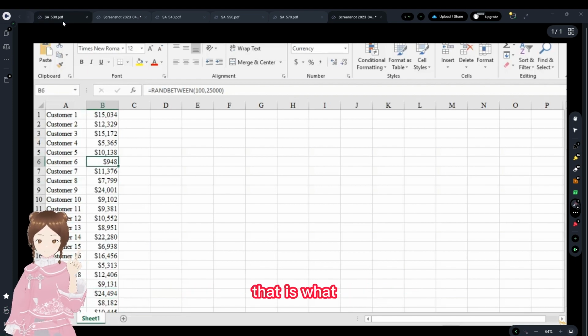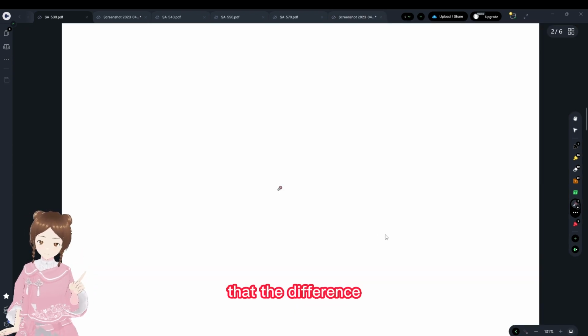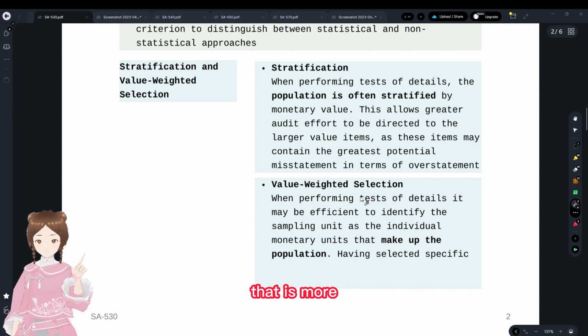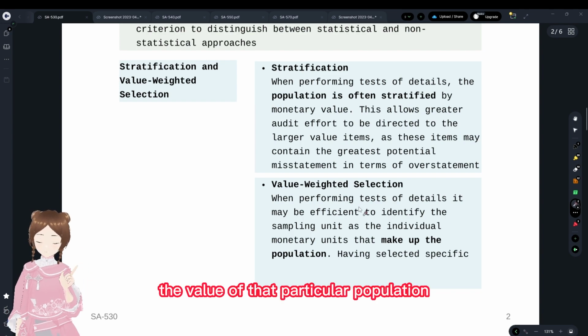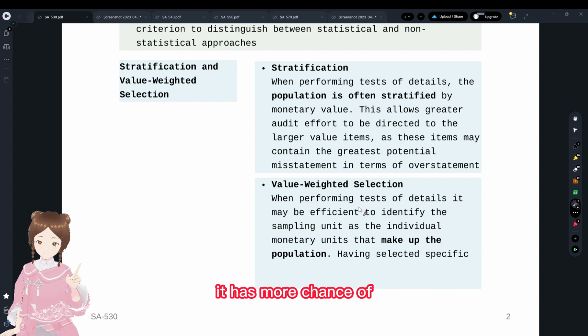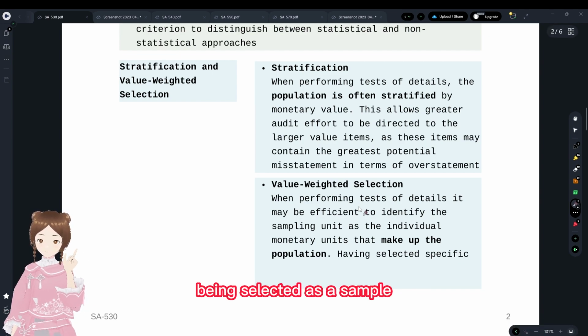That is the only difference between stratification and value weighted selection. The more value a particular item has, the more chance it has of being selected as a sample.